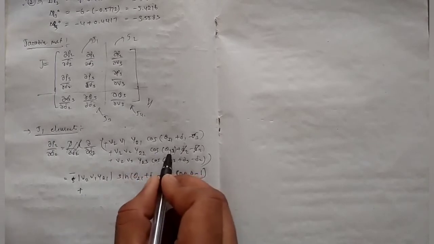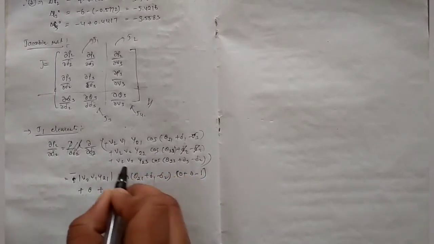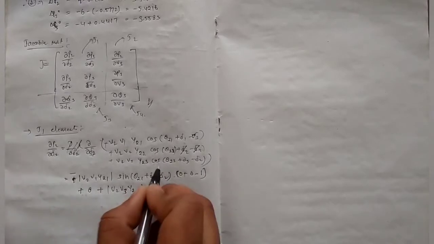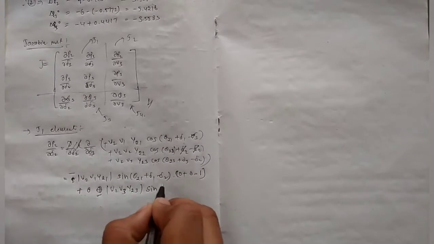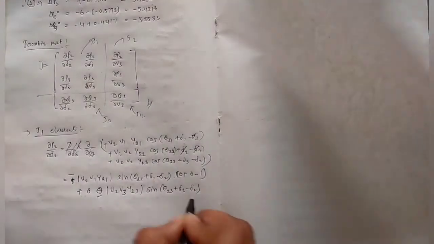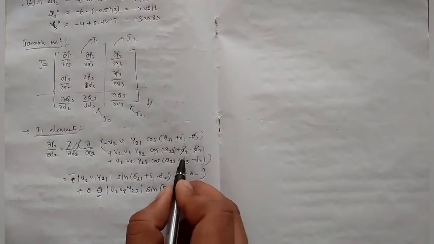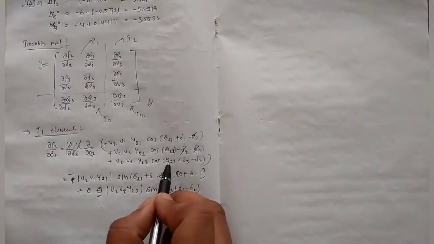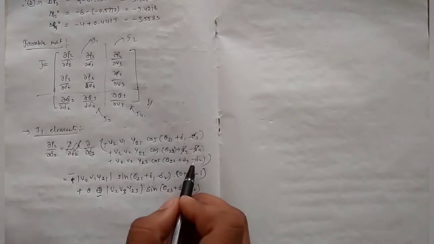Plus, for this whole thing we don't have δ2 to differentiate, this is constant, so we get 0, and we have δ2 here. Now write V2 Y23 as constant, and cos θ becomes minus sin(θ23 + δ3 − δ2), and inner differentiation with respect to δ2: the constants become 0, and this is minus 1.